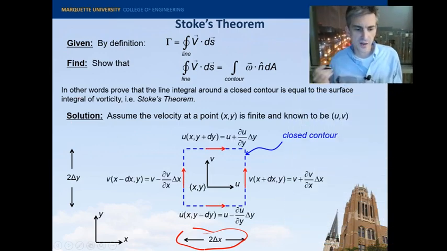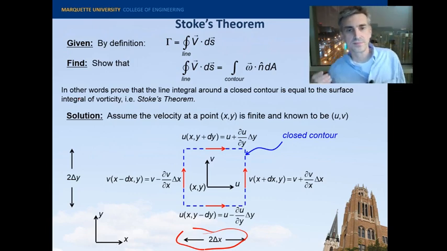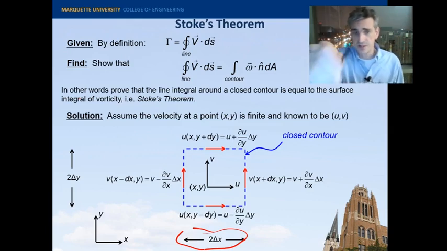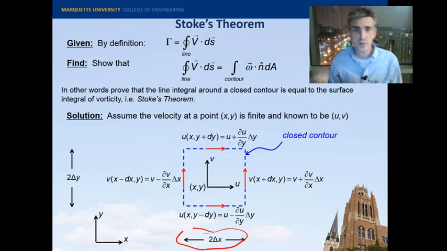Now, a long time ago, earlier in this lecture series, I introduced the idea of a Taylor series expansion. So what I'm doing here is I'm expanding the velocity in a first order Taylor series expansion, or one term. So I've got a velocity here that is known, that has u, v components. And I just want to know what the velocity is along this surface. Well, that's by definition what the u velocity is, right?